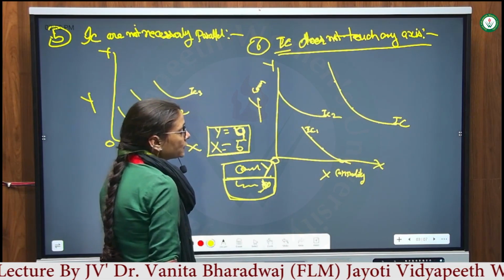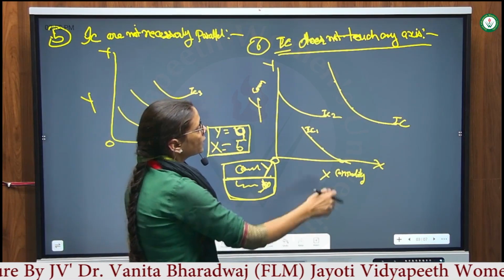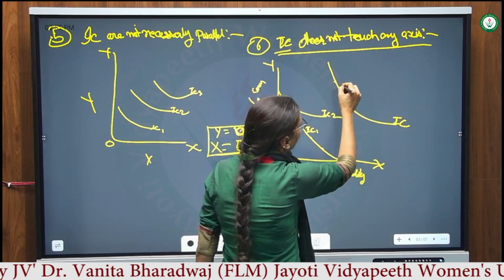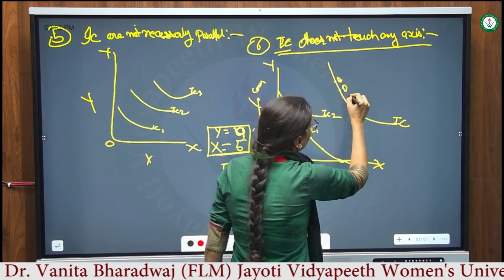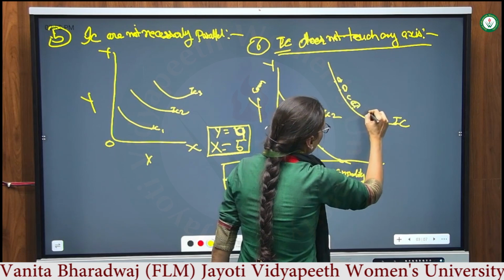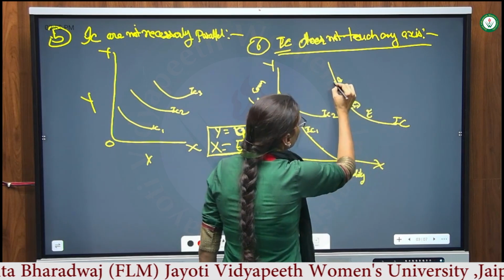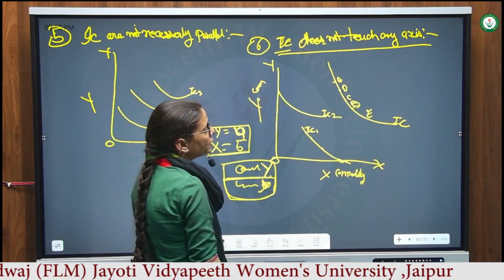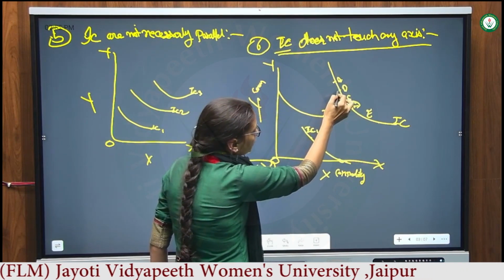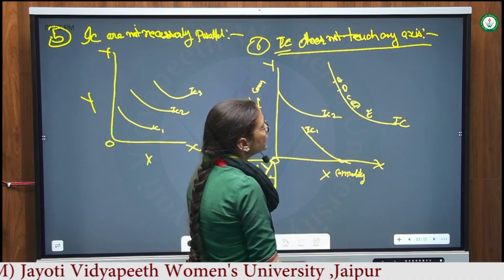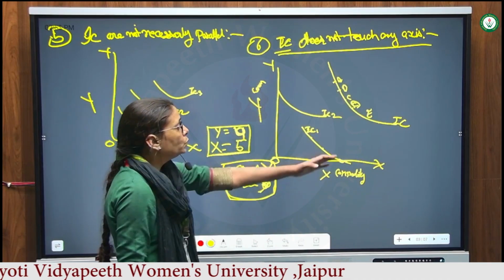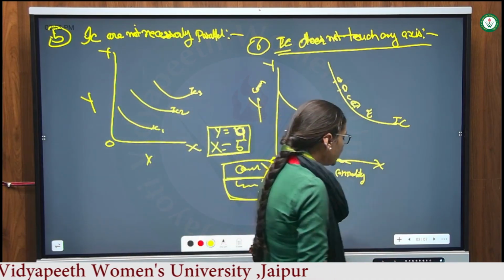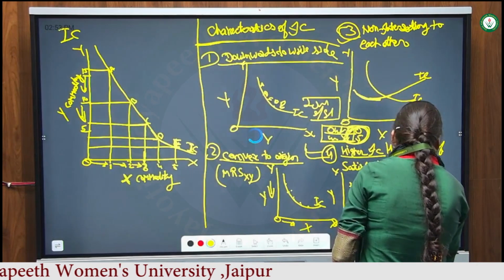But in the indifference curve we studied that it is a combination of two commodities: A, B, C, D and E. These are the combinations of two units x and y on the indifference curve, and all the combinations are giving the same level of satisfaction to the consumer. This is the basic object of the indifference curve.